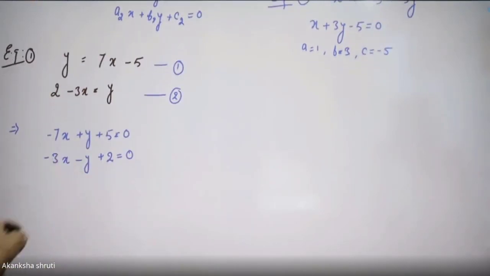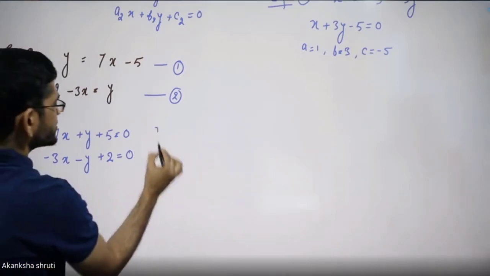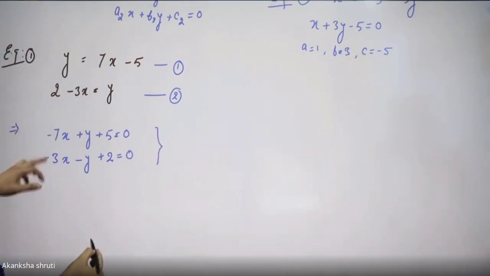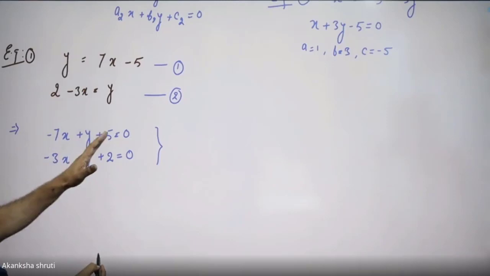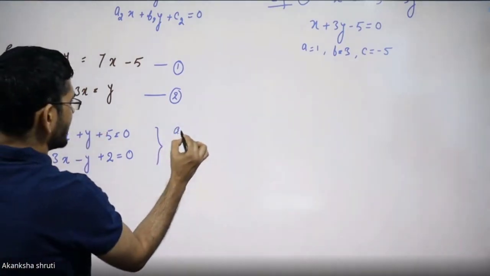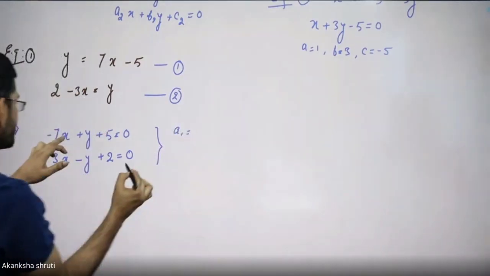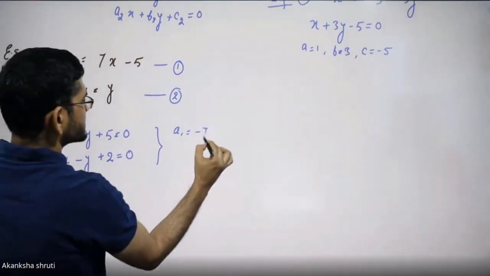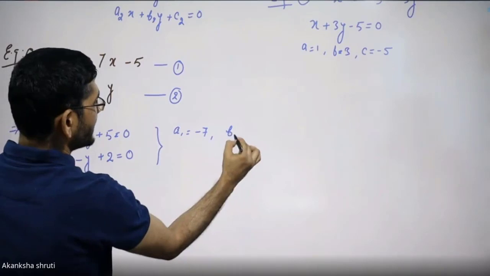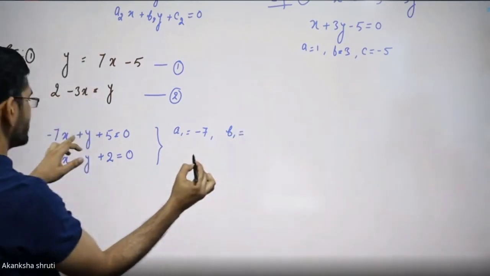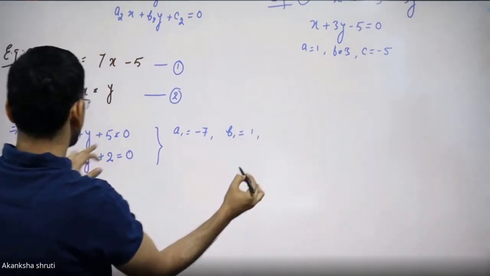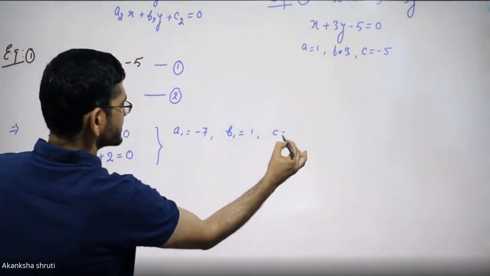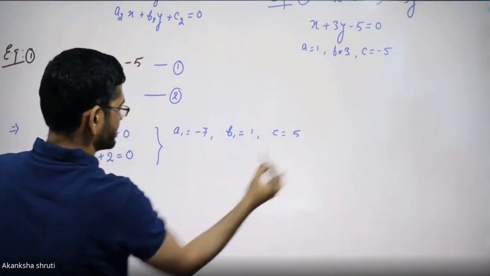After writing in this way, we can write the coefficients. For the first equation, we are denoting it by a1. So the coefficient of x is minus 7. b1, the coefficient of y, is 1. The constant term c1 is 5.